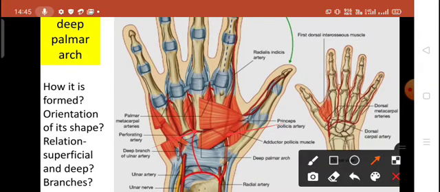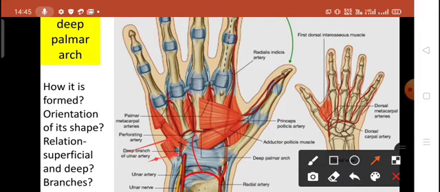It ends by joining the deep branch of the ulnar artery to form the deep palmar arch.